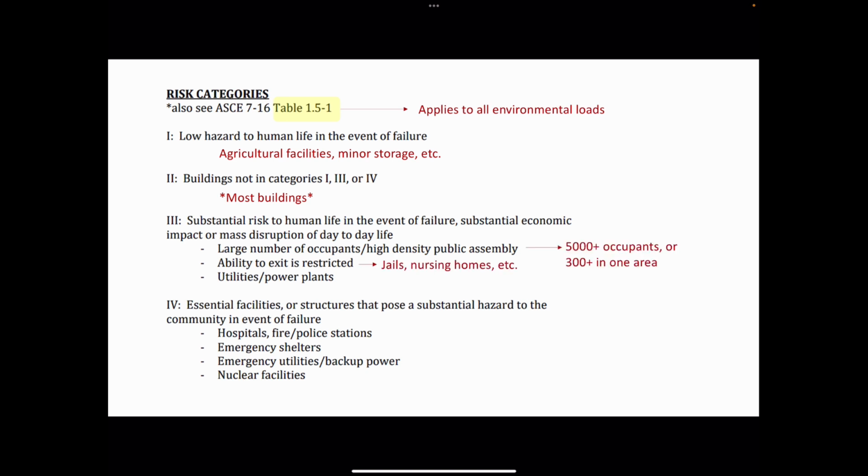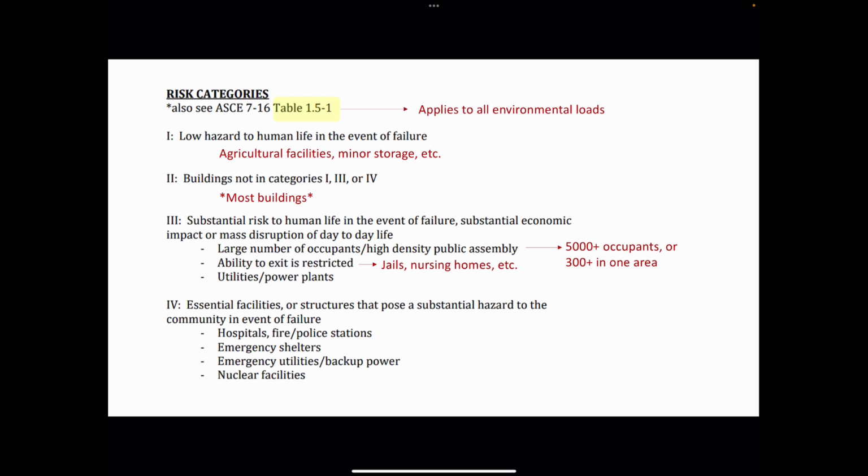Risk category 3 are those buildings that would pose a substantial risk to human life if it failed, or a significant economic impact or mass disruption of day-to-day life. So ASCE doesn't get too specific, it's kind of vague on this. It just says large number of occupants or high-density public assembly.